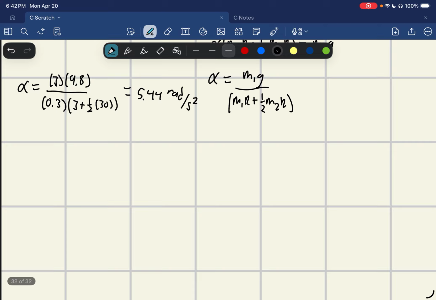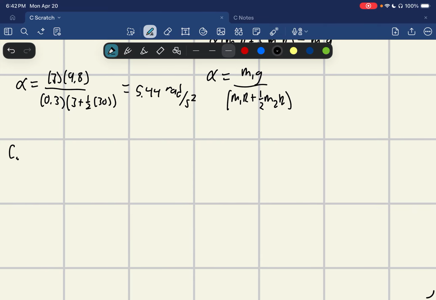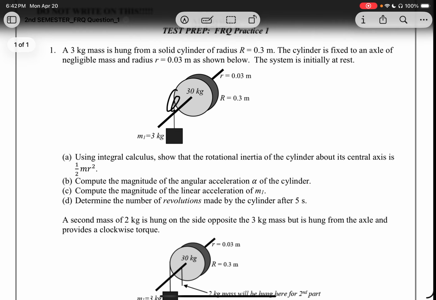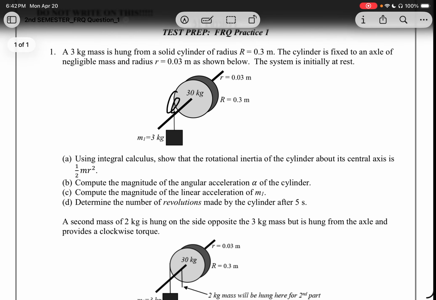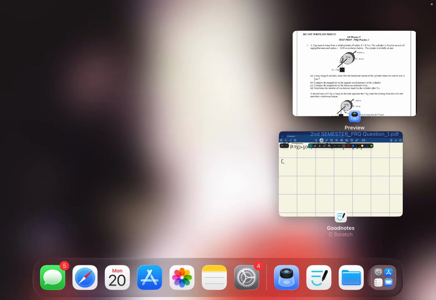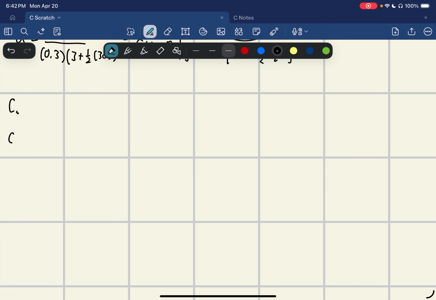Okay. Part C asks us to find the linear acceleration of M1. So since it's attached with the string here, we know that it's like one system, so they have the same angular acceleration. And we know that A is equal to R alpha.